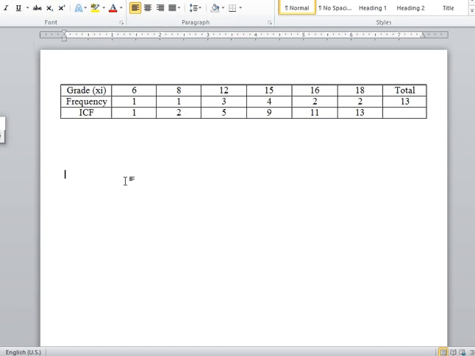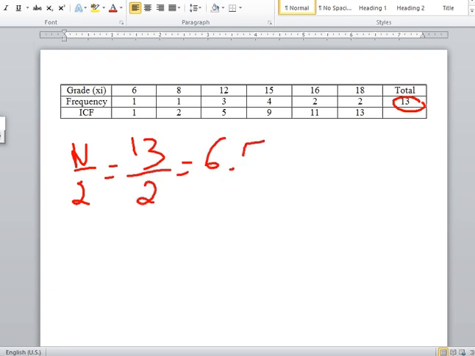Now to find the median, what you have to do is, first of all, you do the total frequency divided by 2, so n over 2. N is 13, so 13 divided by 2, you will get 6.5. So n over 2 is 6.5. You look at the increasing cumulative frequency. 6.5 lies between which two numbers?